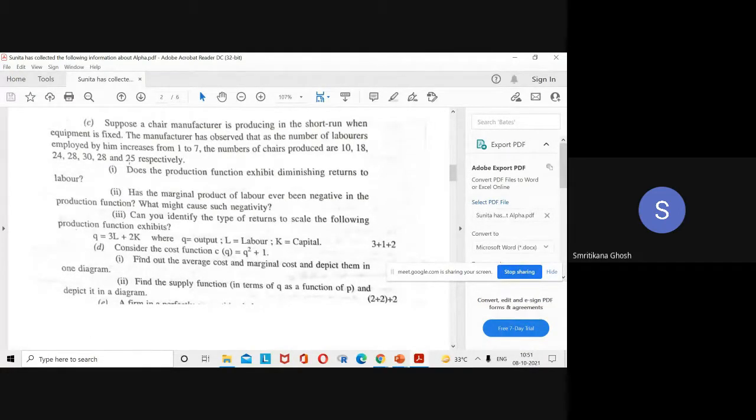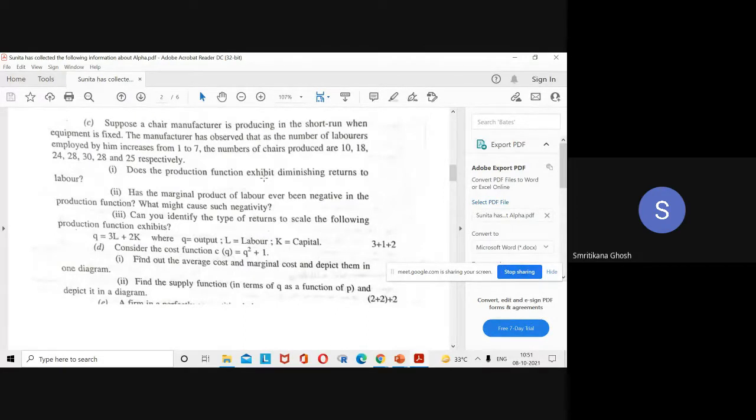It is very much clear the production function exhibits diminishing returns to labor because marginal product is falling continuously. Initially the gap is 8, then it's 6, then 4, then 2, then minus 2, then minus 3. So marginal product is continuously falling. So the table will show you that the production function is following diminishing returns to labor.